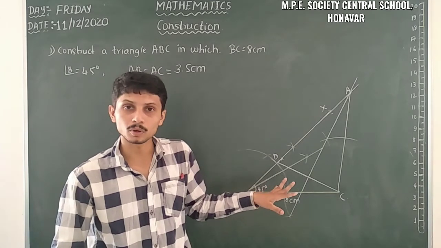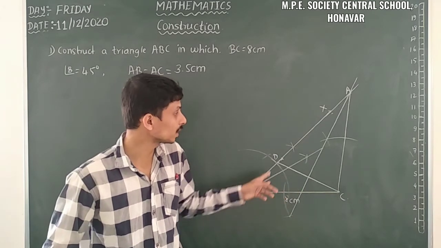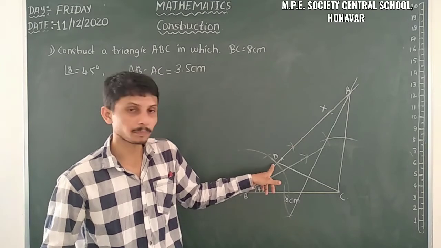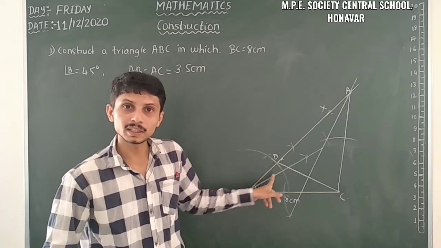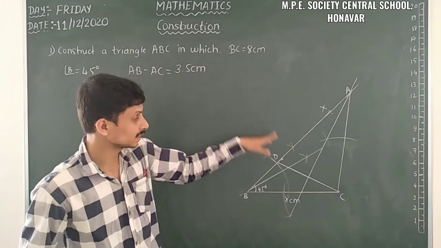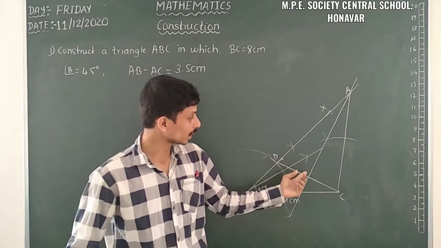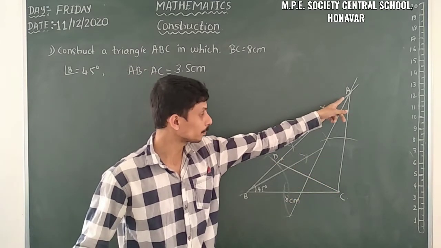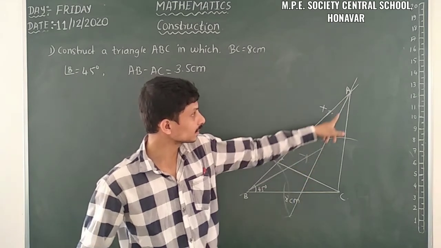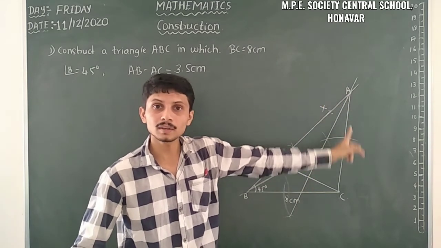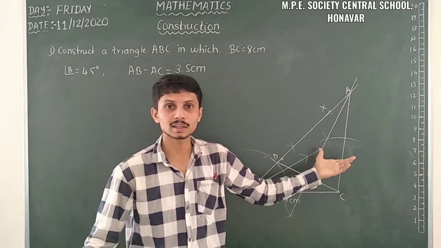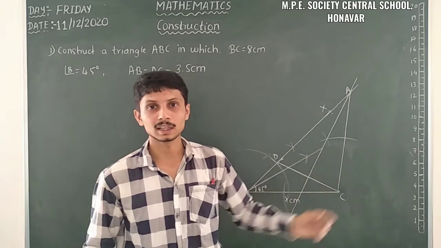Those two cases are possible. And then you have to cut the point D on BX. So BD is equal to AB minus AC. Then you have to join DC. Then you have to take a perpendicular bisector that bisects DC as well as intersects BX at A, and then we have to join AC, then you can get the required triangle ABC.